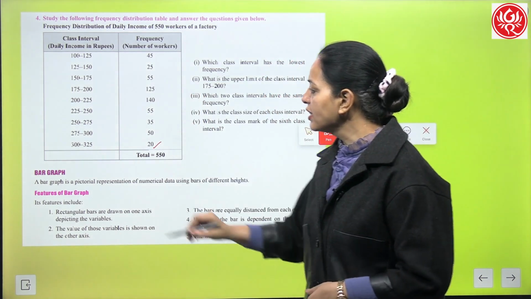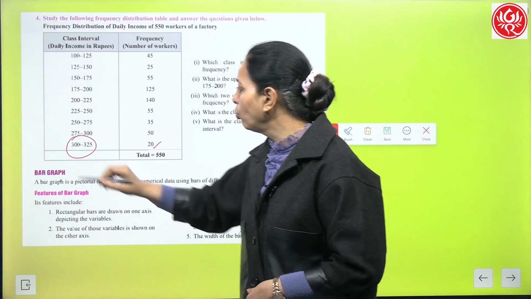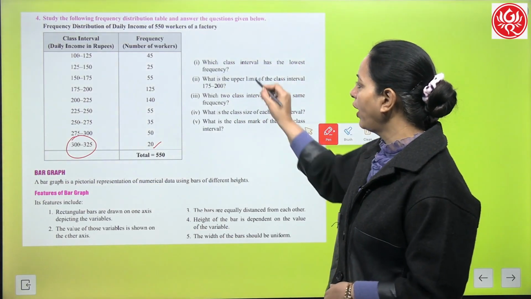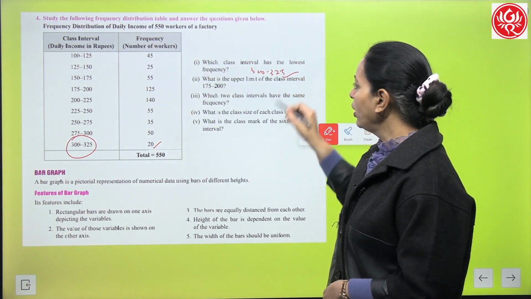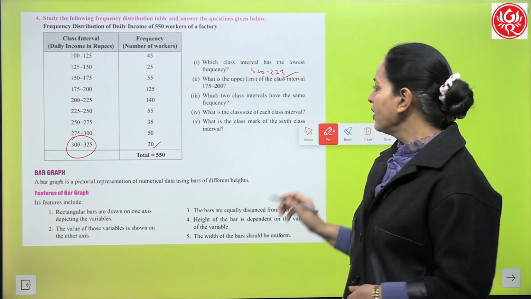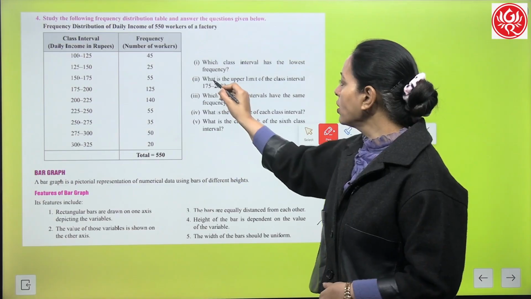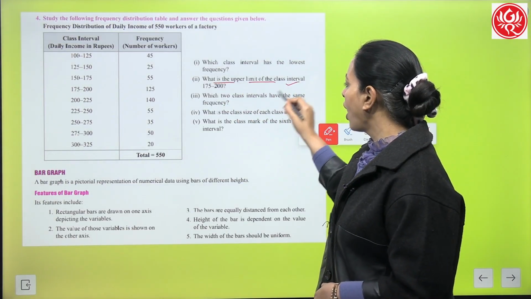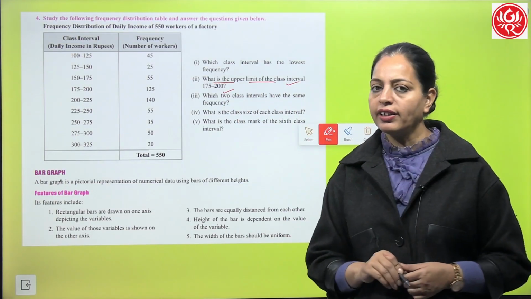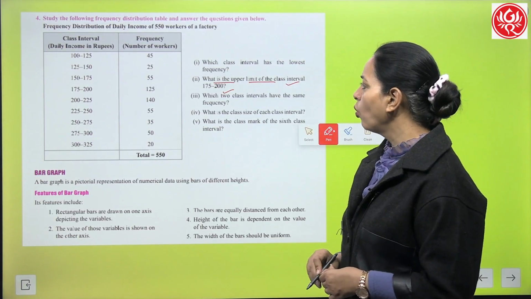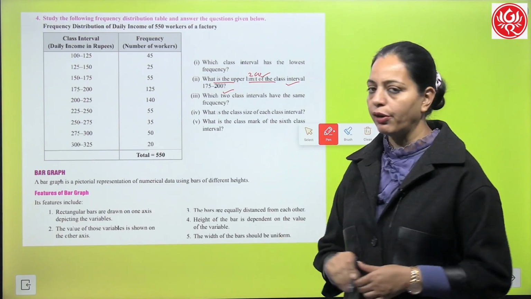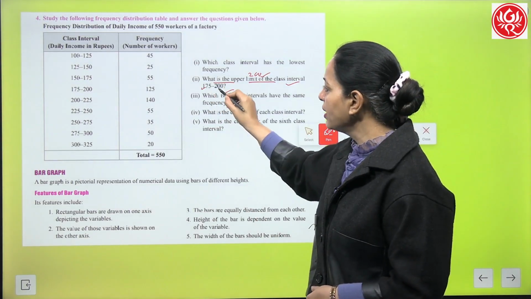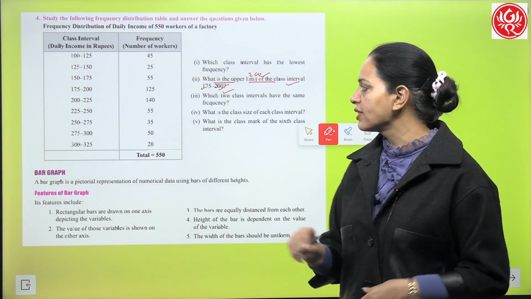So answer is 300 to 325. So class interval 300 to 325. The second one, what is the upper limit of the class interval? 175 to 200. So upper limit is 200. Okay, this is the lower class limit, this is the upper class limit.